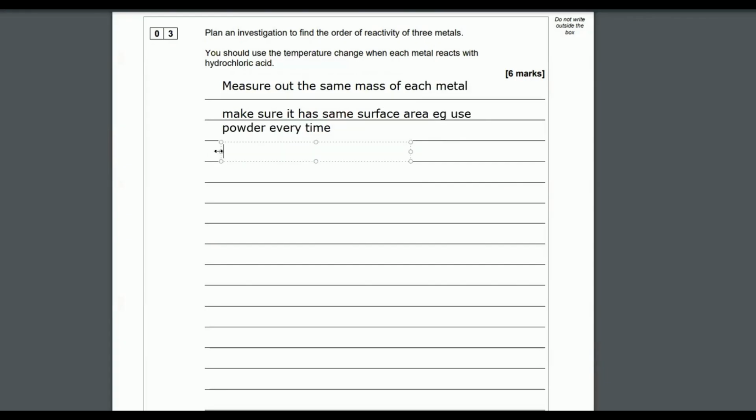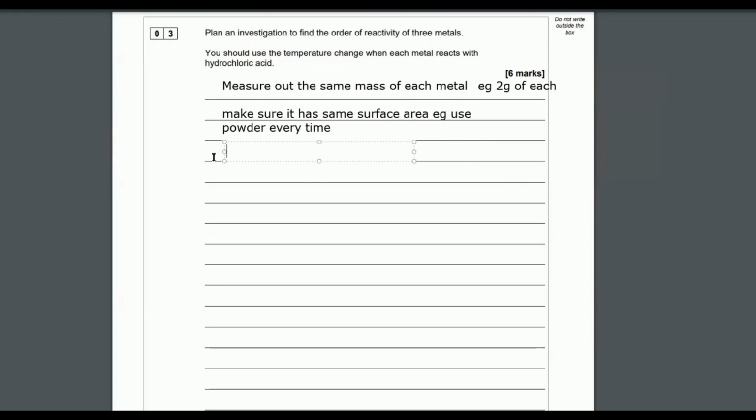Very hard to control surface area, but there we go. So we're using the same mass, i.e. 1 gram of each metal. I like to put an example, e.g. 2 grams of each. So there we go. I've given the examiner a number. That's going to be one of my control variables. Make sure it has the same surface area each time.